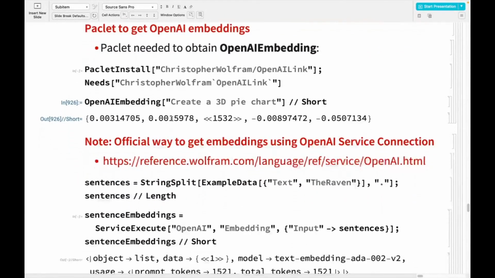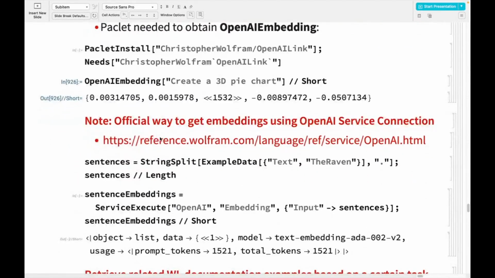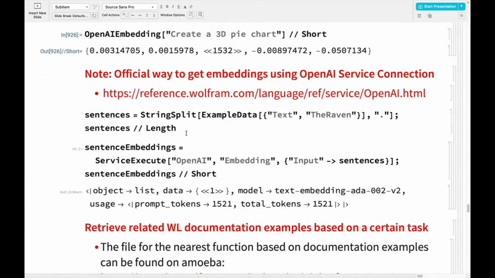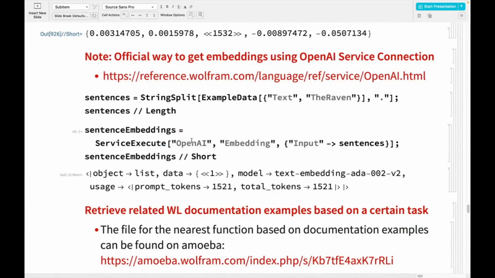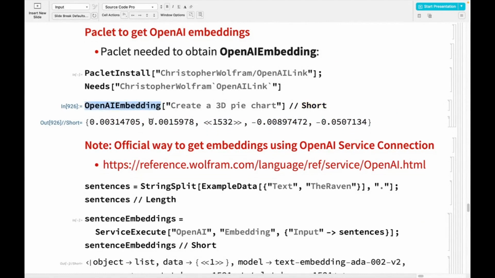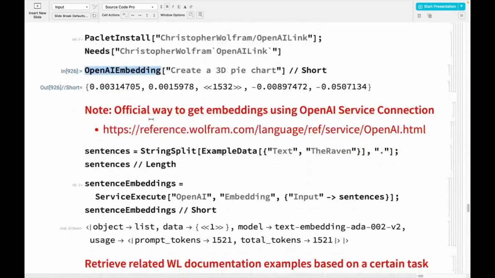But nowadays you can directly use the OpenAI service connection that we have built in. So the service executes, and OpenAI will get similar embeddings. In this case, by default it is text-embedding-ada-002, and I think the OpenAI embedding function was by default getting another embedding model.